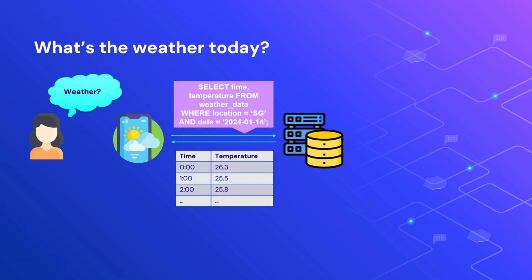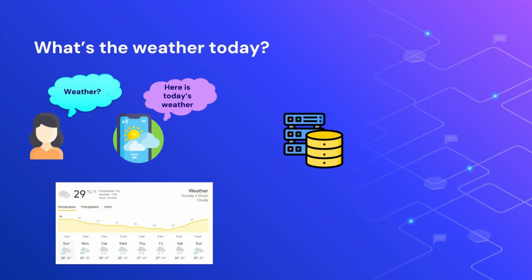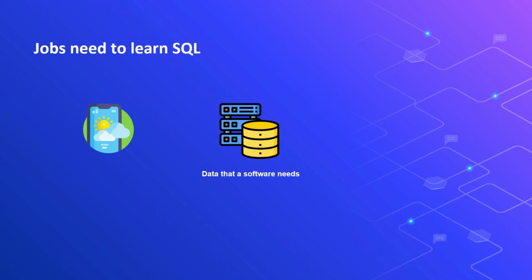And the server will respond to you with tabular format data, and you need to write code again to parse that data in a good way that your user can consume or visualize it.